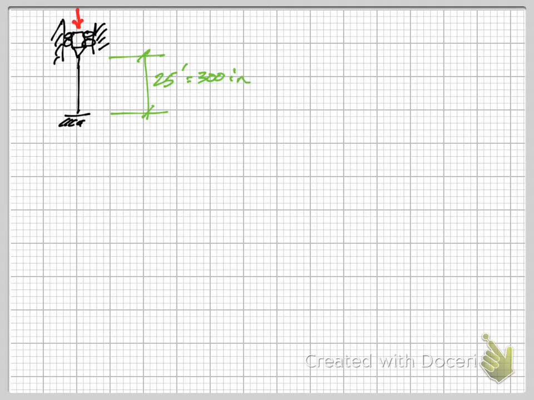Our P value is 15,000 pounds. And that pretty much sets up the modeling. So let's go ahead and just calculate that slenderness ratio. Effective length over r. We calculated the r to be 1.45 inches.